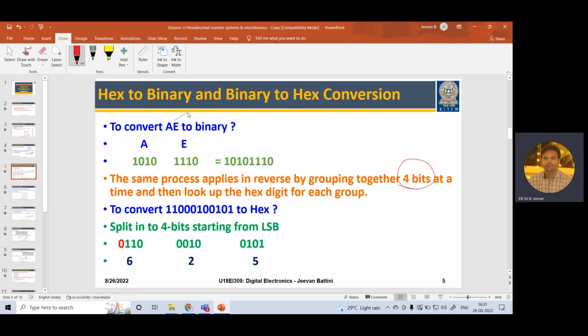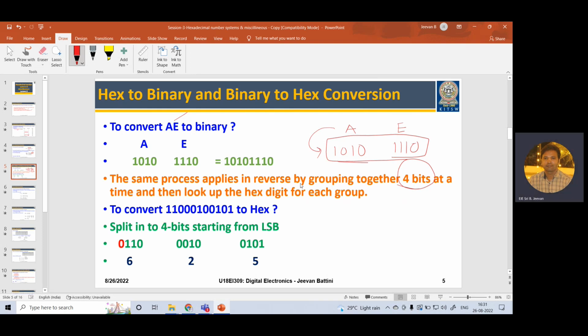For example, convert a hexadecimal number to binary. The hexadecimal digit A has the binary equivalent 1010, and the digit E has the binary equivalent 1110. So the final answer is 1010 1110. This is the binary equivalent of the hexadecimal number.